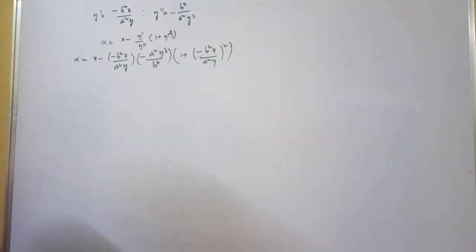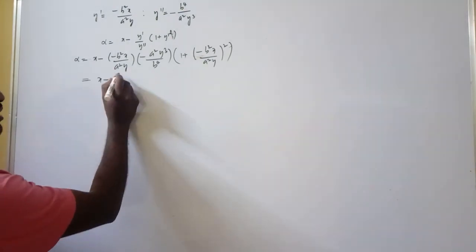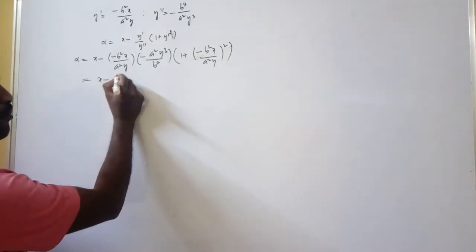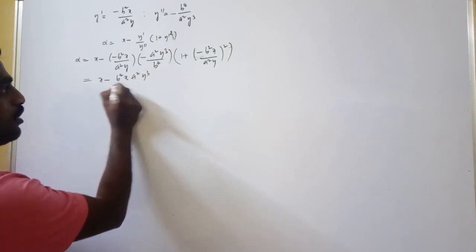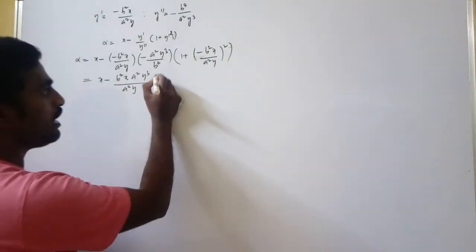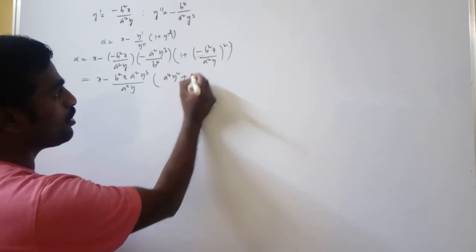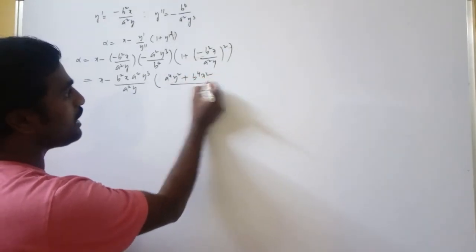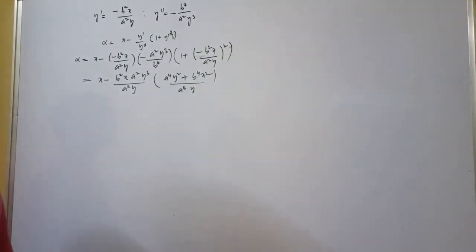Simplify that one, which is equal to x minus, and minus is plus, again minus b power 2 x a power 2 y power 3 by a power 2 y. Next, the second one is into a power 4 y square plus b power 4 x square by the denominator a power 4 into y.